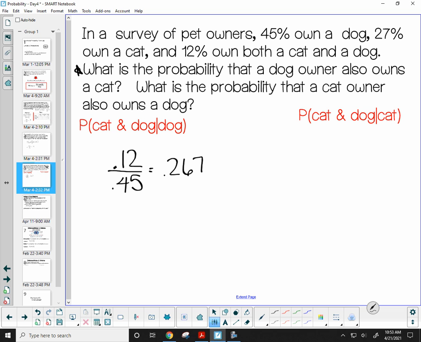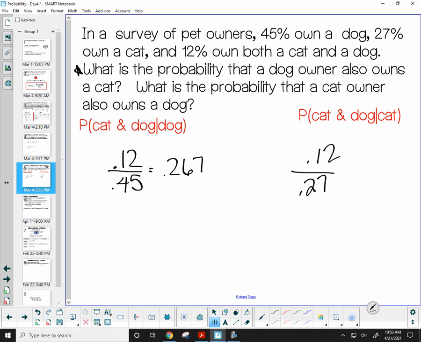Now the second part says, what's the probability that a cat owner also owns a dog? So they are an owner of cats. That's my given, so what's my denominator going to look like? 0.27, because they have to own a cat. And what's the probability of owning both? 0.12.